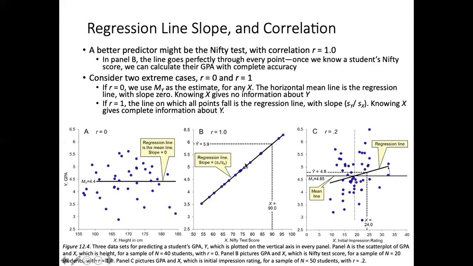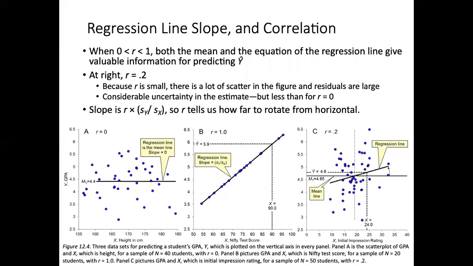Everybody falls perfectly on that line. X equals 90, we would predict a GPA of 5.9, and they're right on that line. We would predict that perfectly. So these are the two extreme cases: r equals 0, no predictive information, and r equals 1, perfect predictive information.